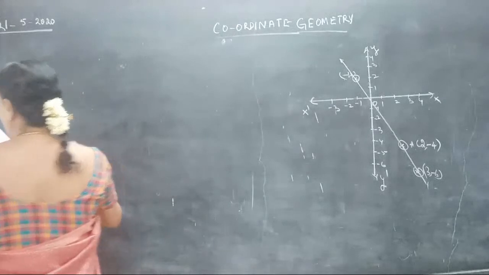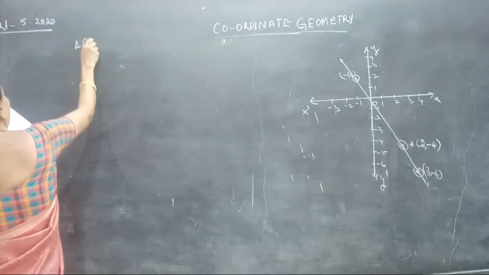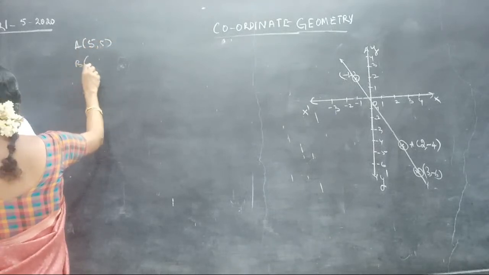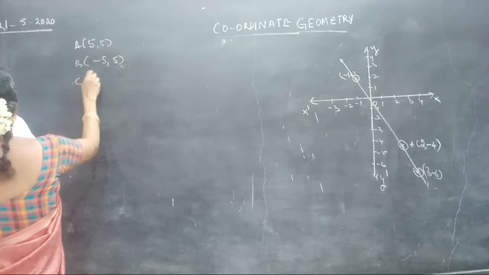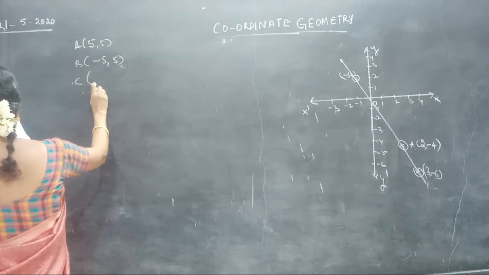The points are A (5, 5), B (-5, 5), C is not given.